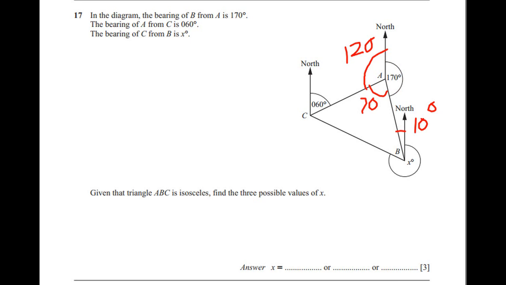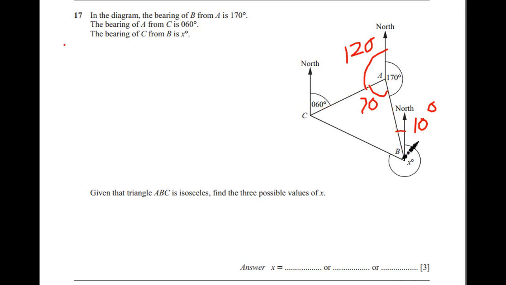Given that triangle ABC is isosceles, now they aren't telling us which 2 sides are equal. So first we'll consider this side is equal to this side, then we'll consider this side is equal to this side, and then we'll consider this side is equal to this side. That's why we're getting 3 separate answers for x. So in the first part, let's consider AC is equal to AB.